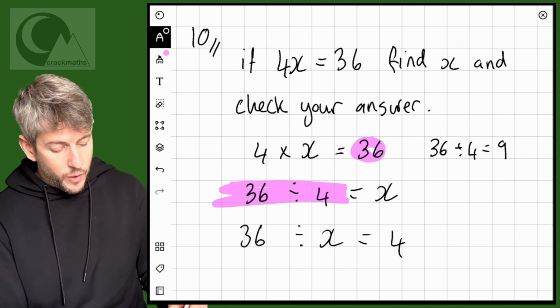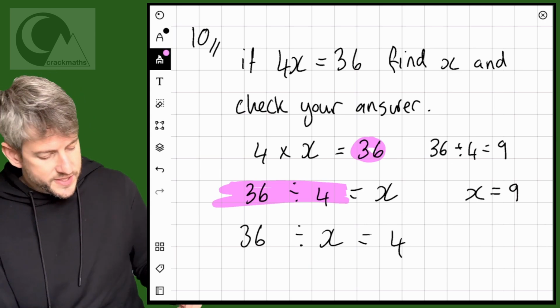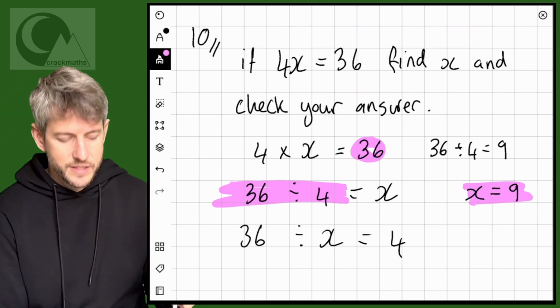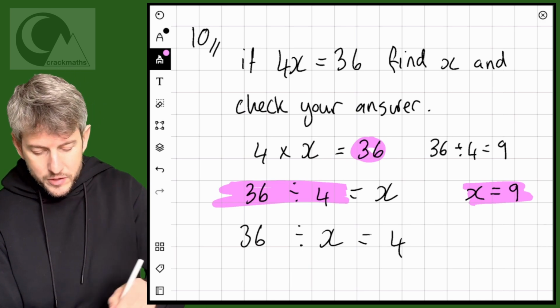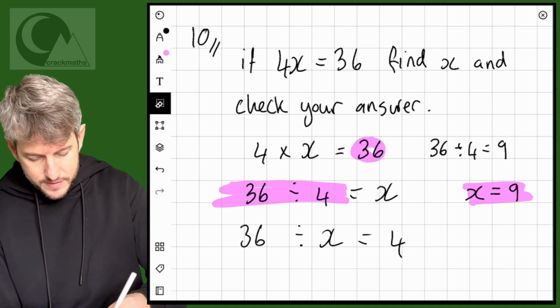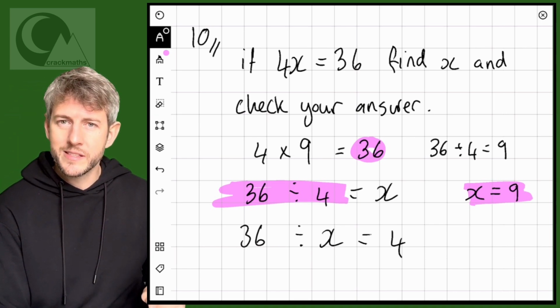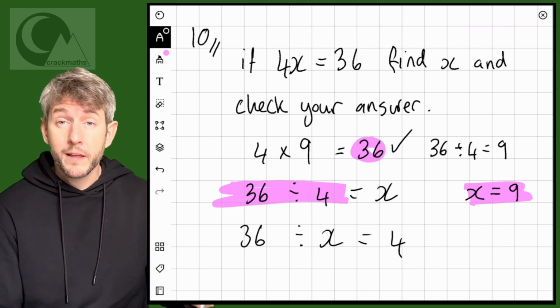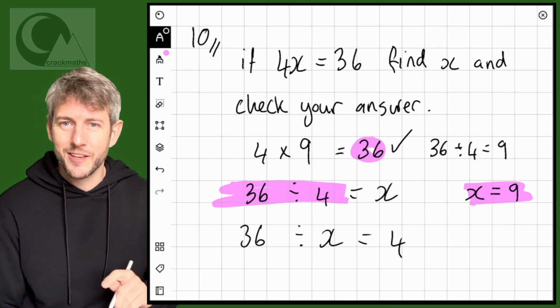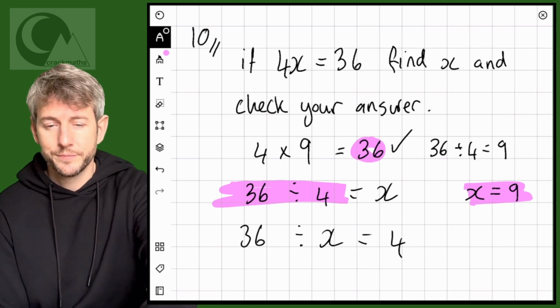I'm just going to highlight here that x equals 9, just so that we know that is the answer that they want. But now let's check it by putting 9 back into here. So if I remove this x and replace it with a 9, 4 times 9 equals 36. Yes, that's true. So I have just checked this answer, and we can confirm that x is equal to 9.